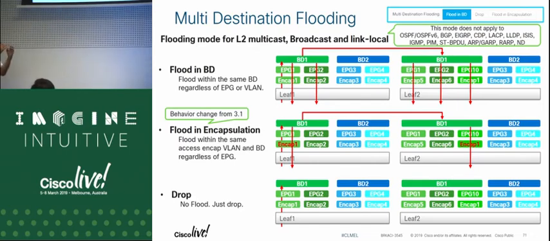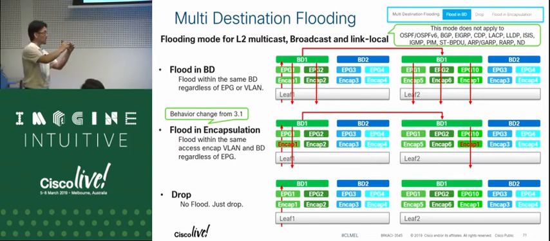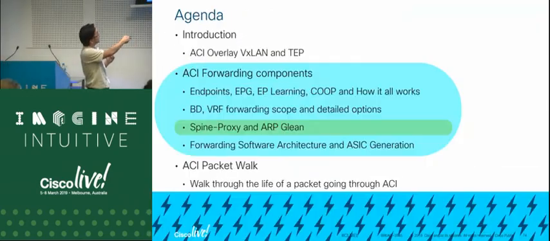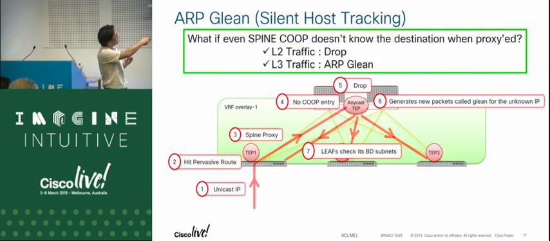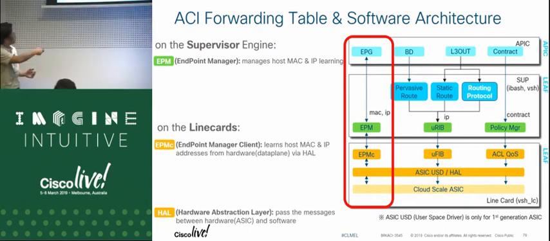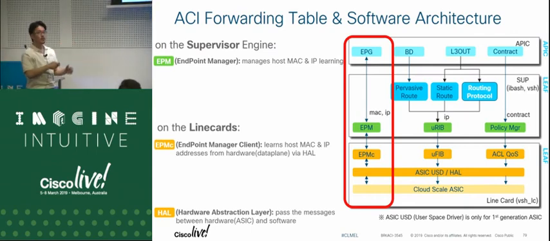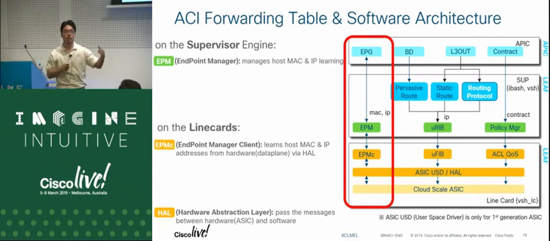Because when we let the spine know about a new endpoint, the leaf EPM, I think there's a slide for that, will actually talk to the COOP process internally on the same leaf. Then that COOP process on the leaf will let the COOP database on the spine know.